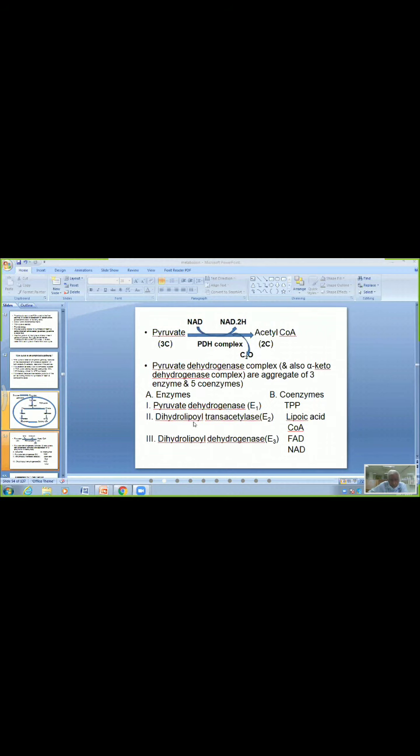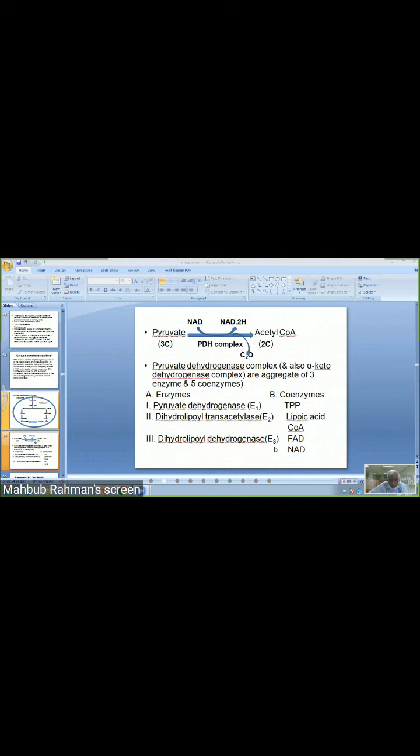Second, dihydrolipoyl transacetylase. Its coenzymes are lipoic acid and coenzyme A. Coenzyme A comes from vitamin B5, pantothenic acid. And third, dihydrolipoyl dehydrogenase.